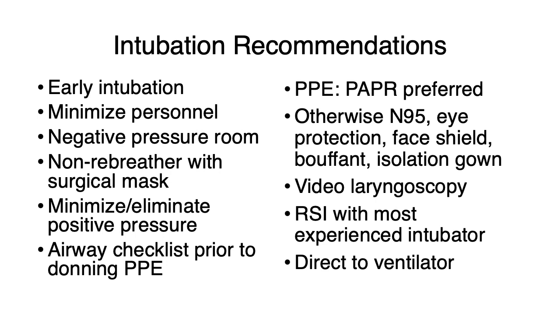Video laryngoscopy is ideal to create some distance between the intubator and the patient. It should be performed by the most experienced person, and RSI should be used with no BVM breaths given from administration of paralytic to intubation, allowing the pre-oxygenation to carry you through the apneic period. The patient should be placed directly on the ventilator after intubation.